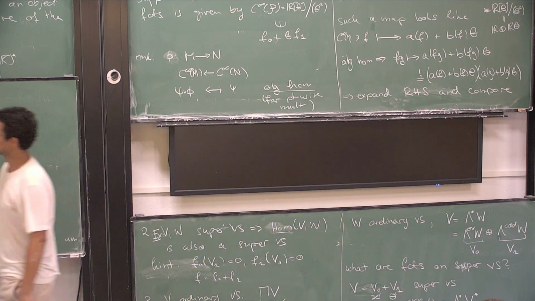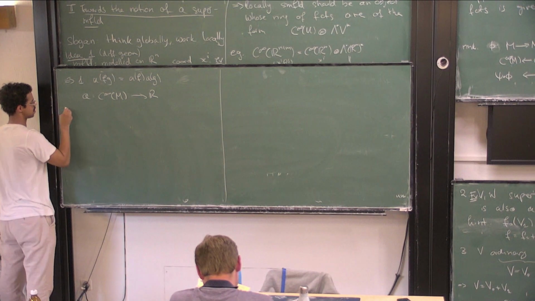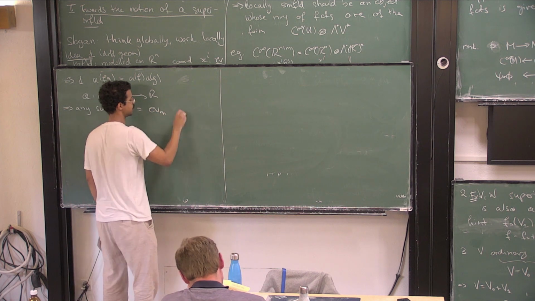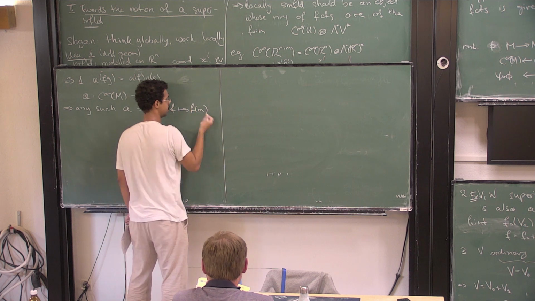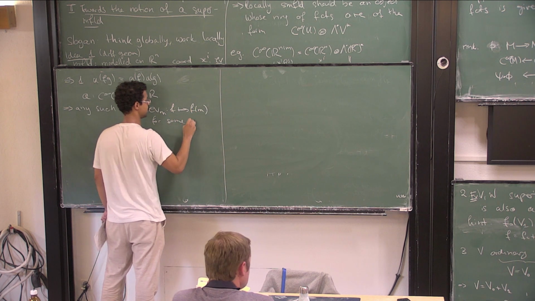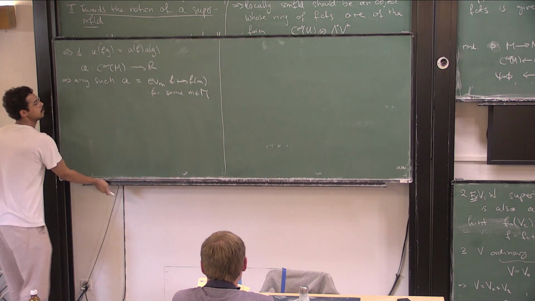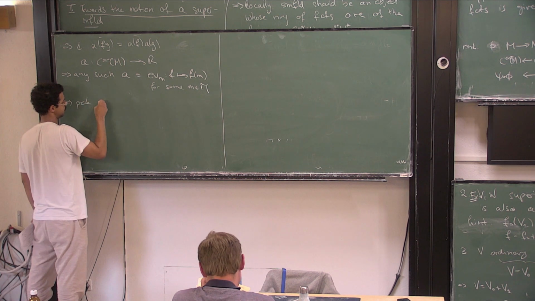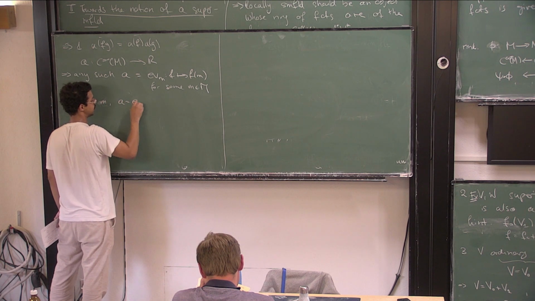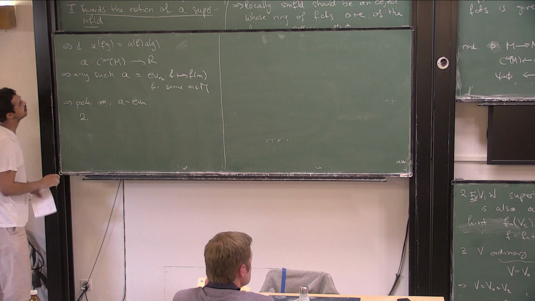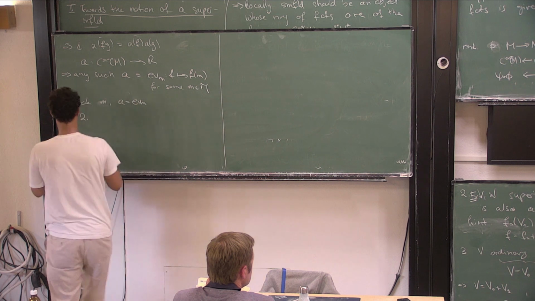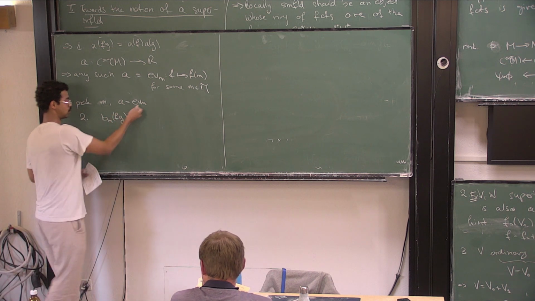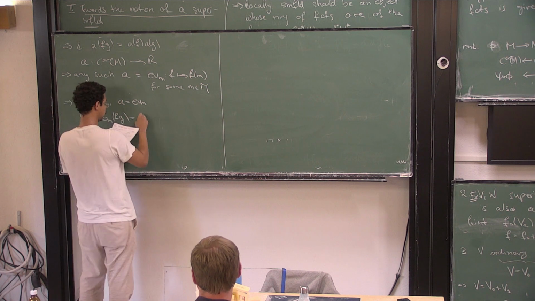So that's an R. So any such A is an evaluation map for some point m, sending f to f of m for some m in M. So if we use this, now pick m and set A to the evaluation map at m, then the second condition will read as follows. Now B will depend on this m, because we chose an m here, so let's keep this choice around.